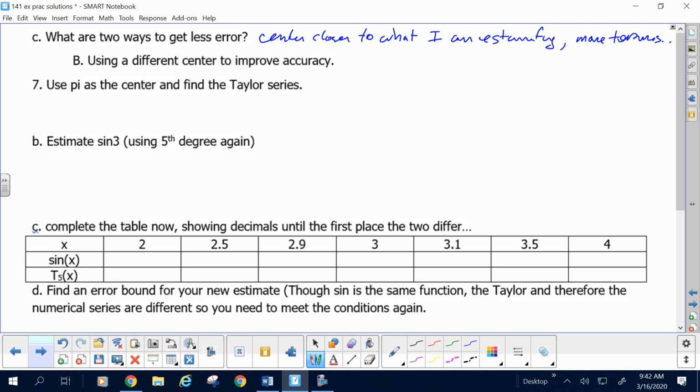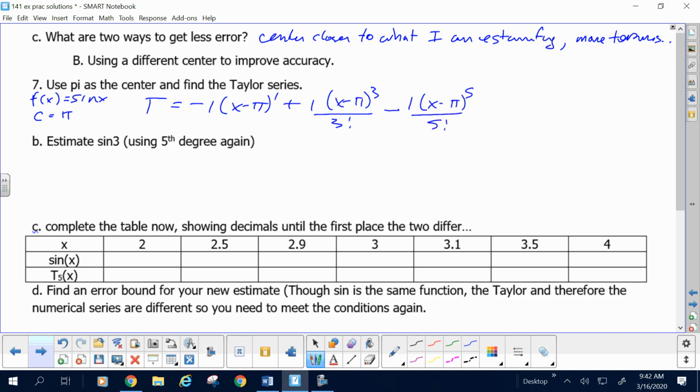All right. If I use pi as the center to find the Taylor series, then the function is sine of x, the center is now pi. So my Taylor series, with different derivatives, was negative 1 times x minus pi to the first, plus 1 times x minus pi cubed over 3 factorial, minus 1 times x minus pi to the 5th over 5 factorial.